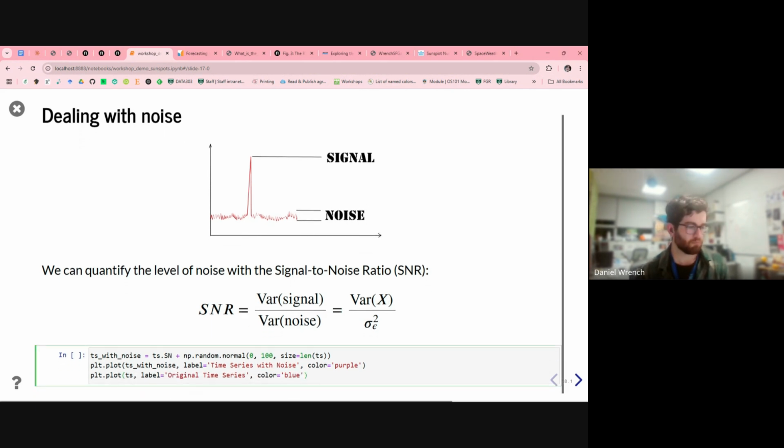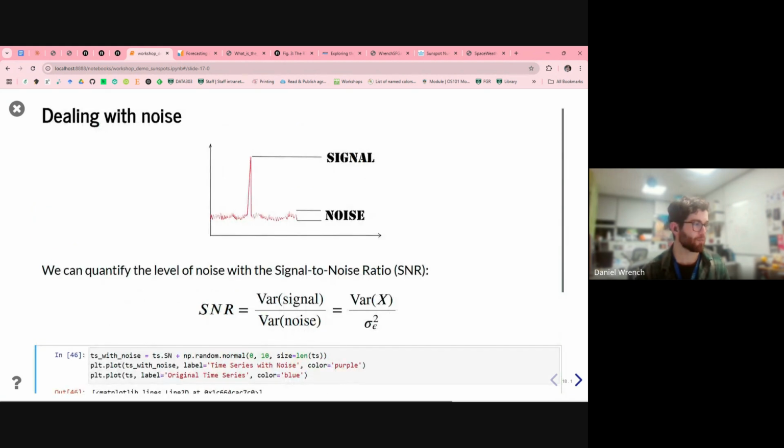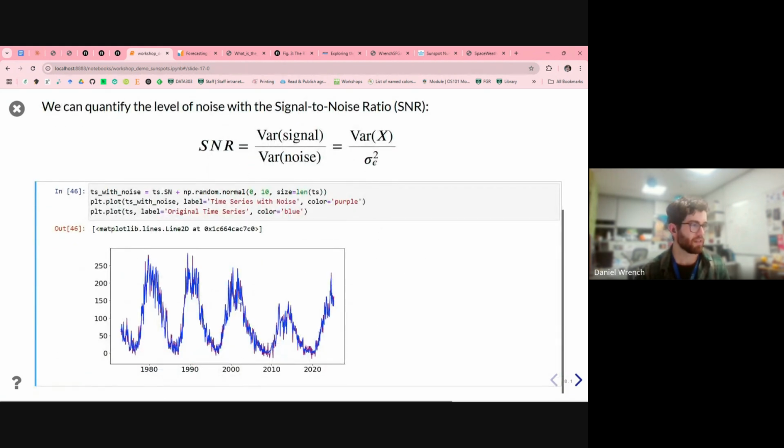We can simulate that, for example, by adding noise to our original sunspot number, as if this were a much noisier signal. You can see it starts to hide some of the periodicity. Obviously, going back to the physicality problem, this is going to give us some negative sunspot numbers, but if you ignore that and think about the level of noise and how that makes things difficult.